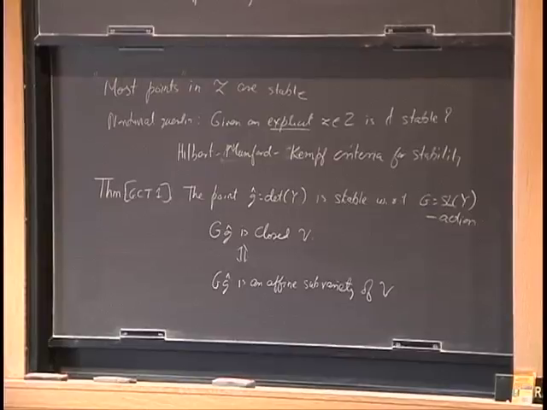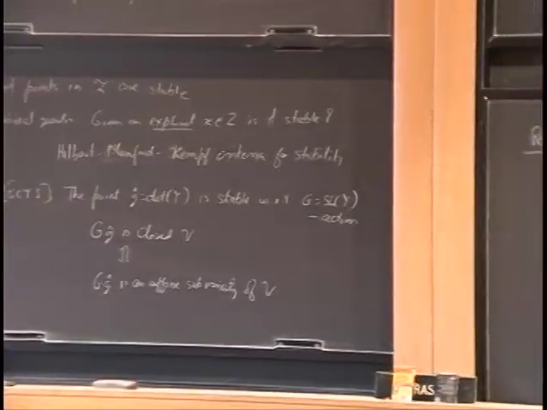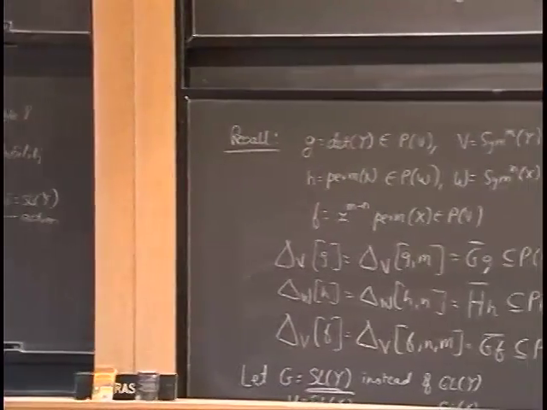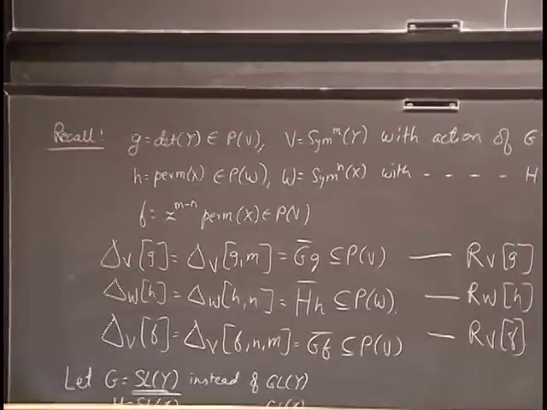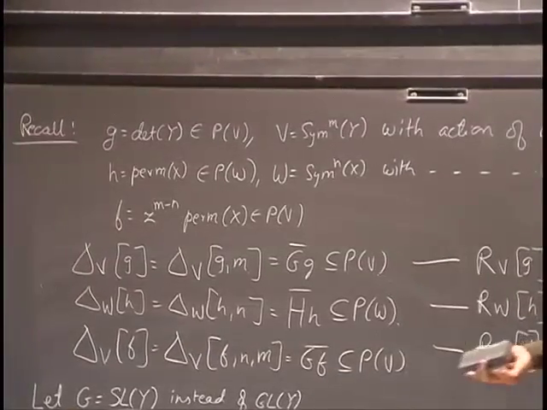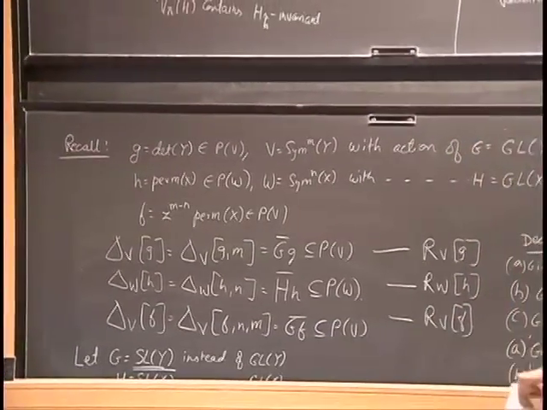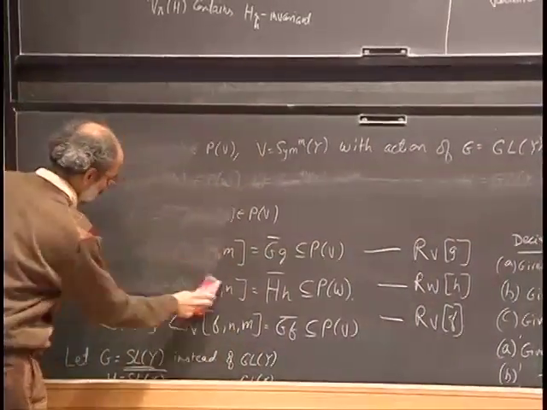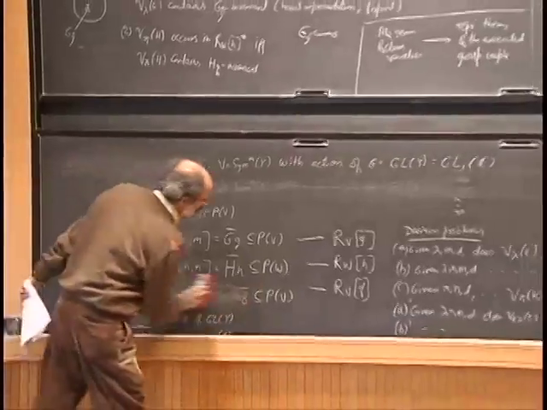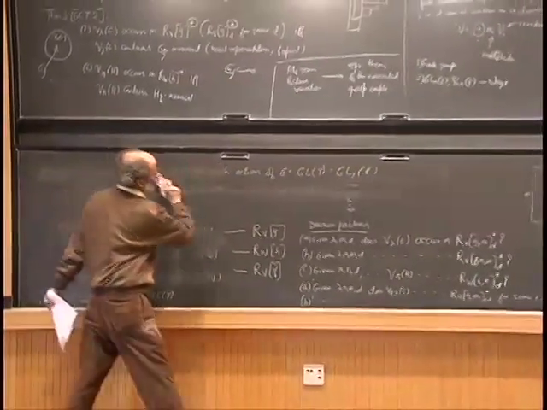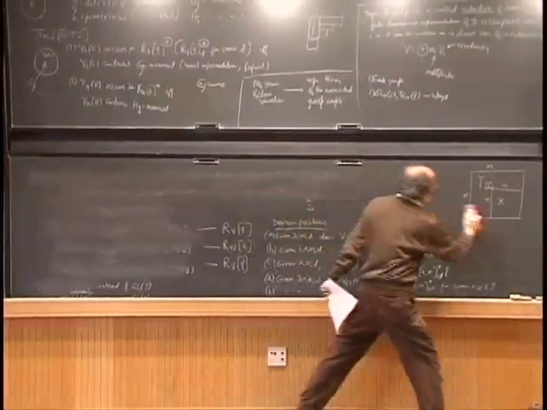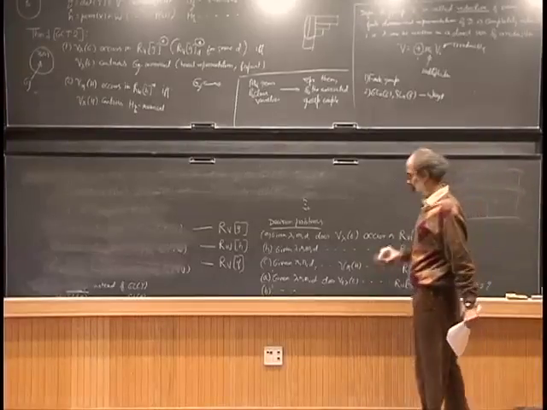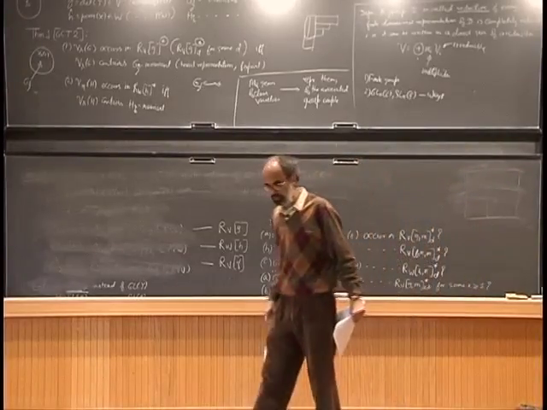So now let's resume the non-trivial part of the proof. Where is the theorem gone? What about the permanent? Yeah, permanent is also the same. Permanent is also stable. That's easy to check with the Mumford criterion, yes, the Kempf criterion.